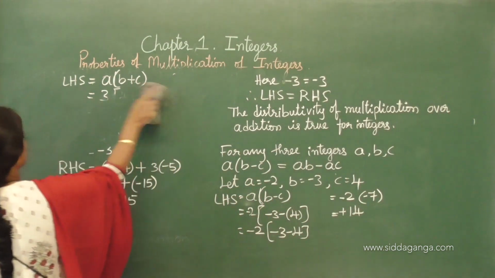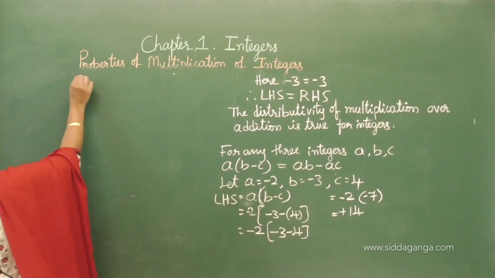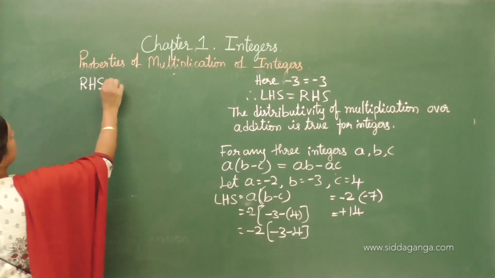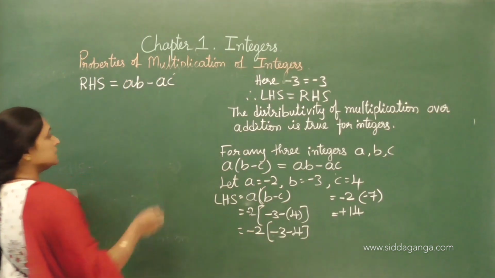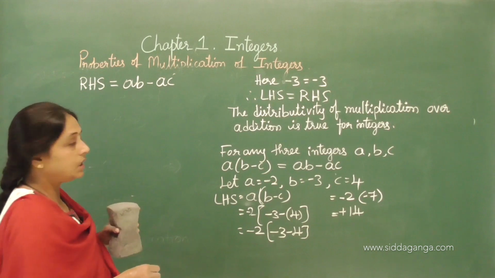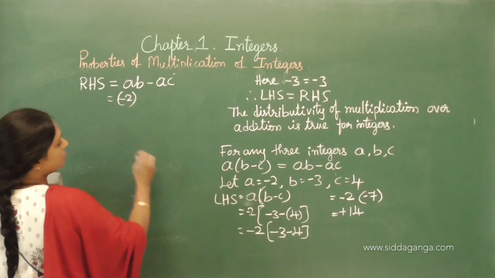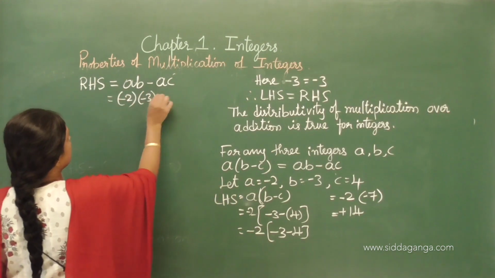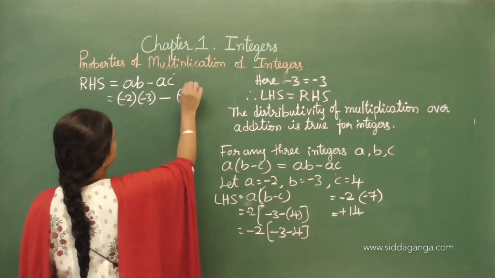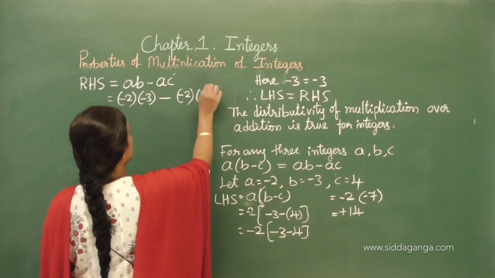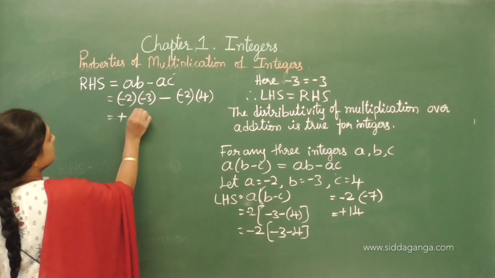Then go to RHS. What we get? Okay, let's see for RHS. RHS is equal to AB minus AC, that is A into B minus A into C. What is A? It's minus 2 into minus 3 minus A, which is minus 2 into 4. Minus into minus is plus, 2 3s are 6.